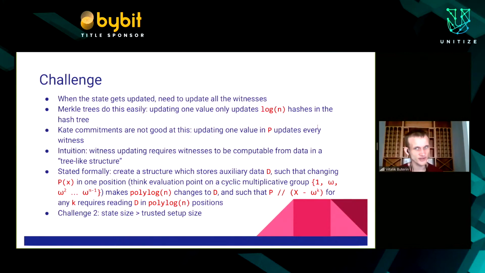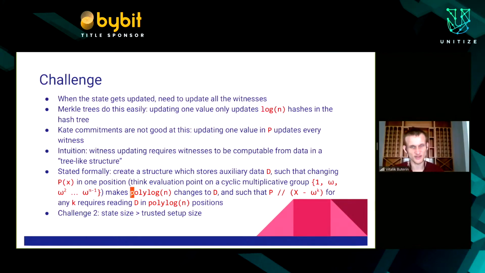Basically, the intuition is that it seems as though we want to find some mechanism for generating these witnesses where you want them to be computable from data stored in some tree-like structure, so that if you modify the data in one position, then you only need to make log n changes.